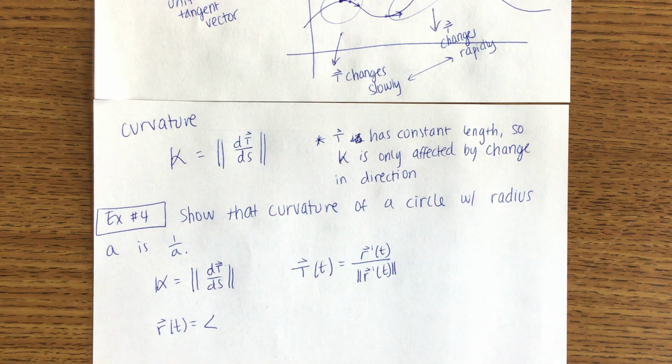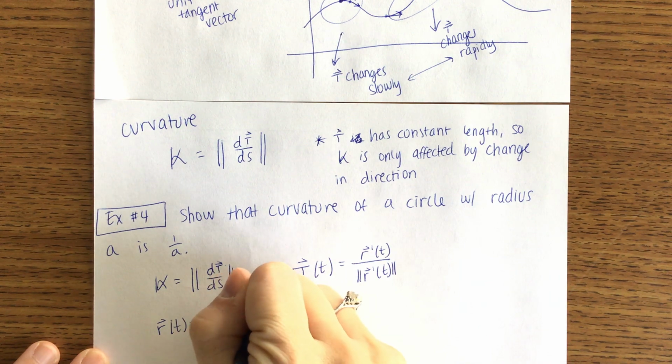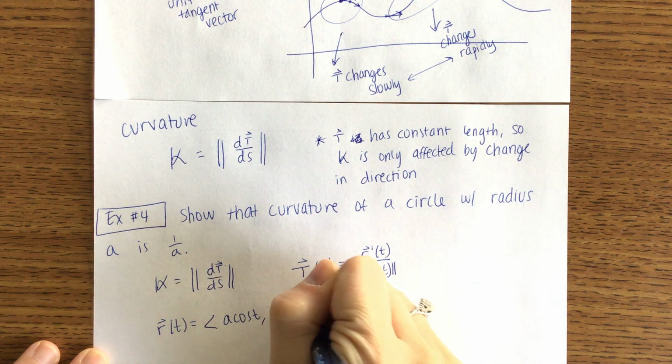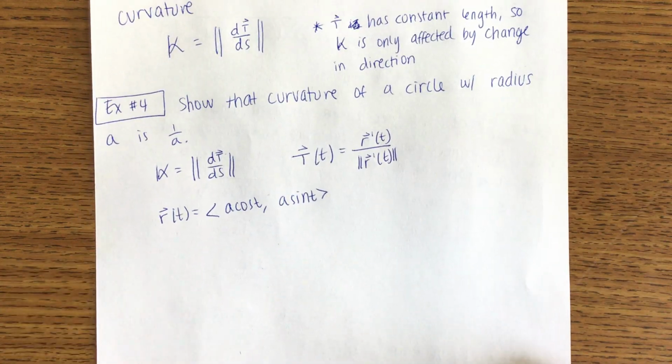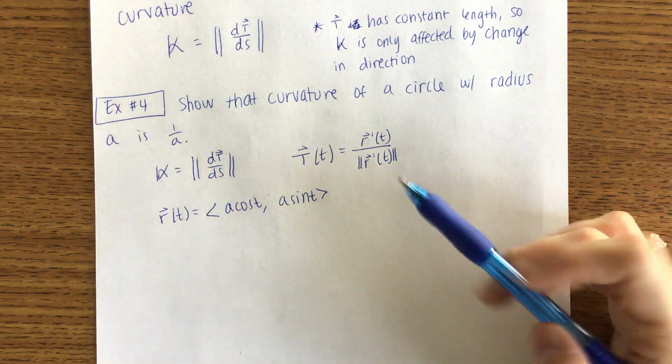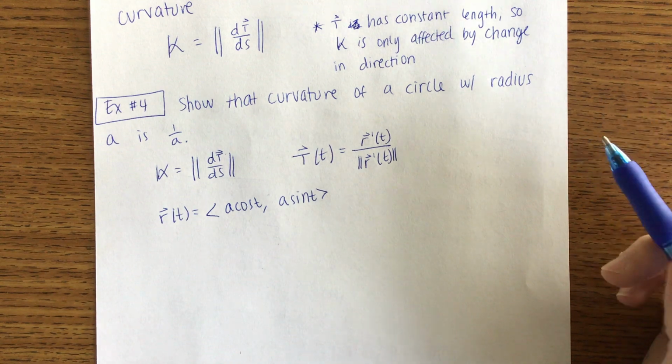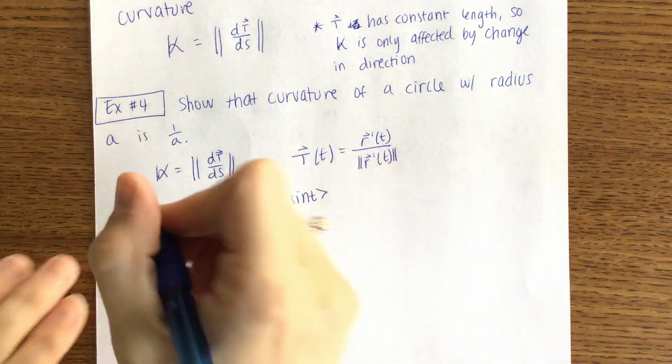Okay. Anyone know the parametric representation of a circle? Close. Yes. So we have a cosine t, a sine t. Okay, so what I'm going to do is I'm going to get the arc length parameterization first. So I'm going to get rid of t first.